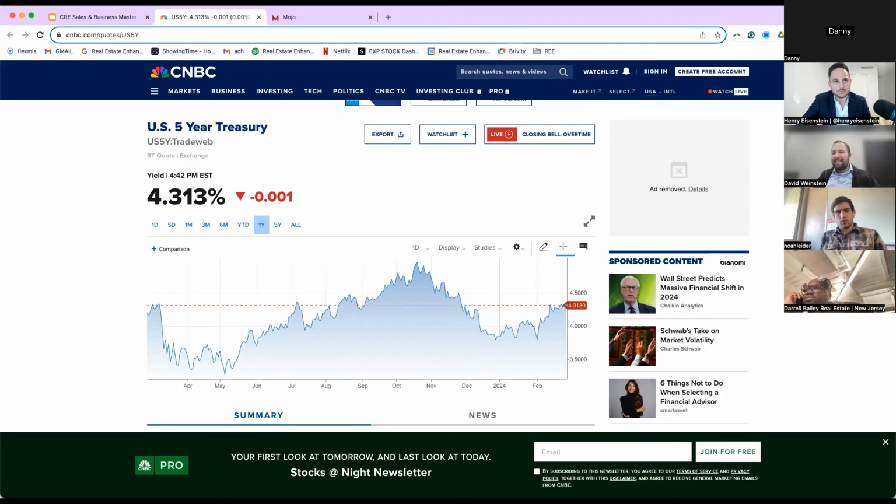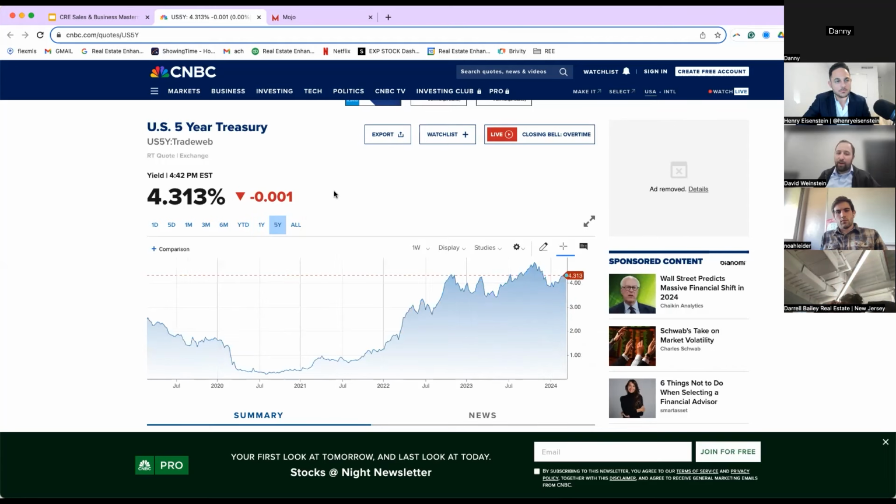Now, is this high or low is a tricky question, because right now, it's pretty darn high. But if you look at this chart, back in November and October it was almost a full point higher. However, if you look at a longer history, Henry just switched to 5 years. So you're looking back to 2019 or so, and it looks really bad.